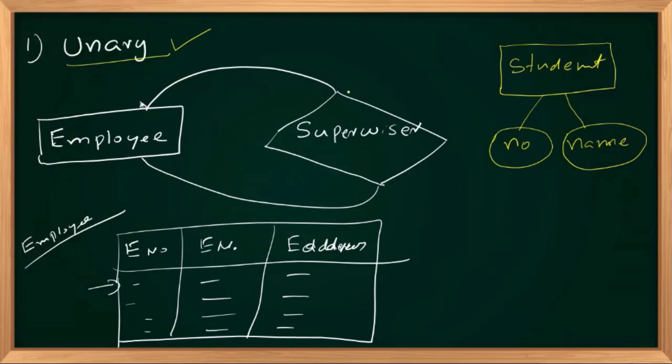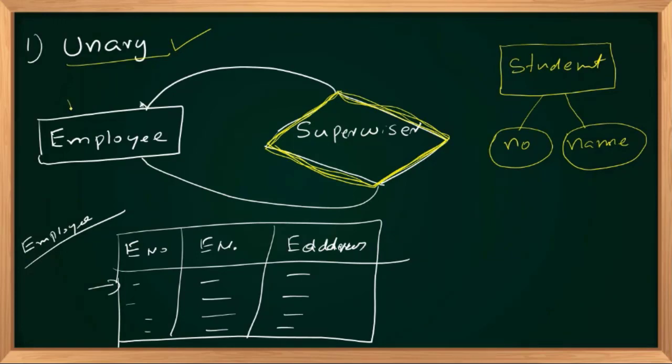A relationship is represented using this type of decision box. So unary means the relation consists of only one entity.